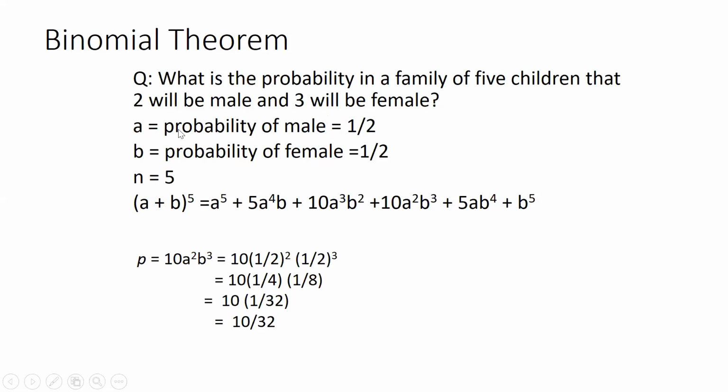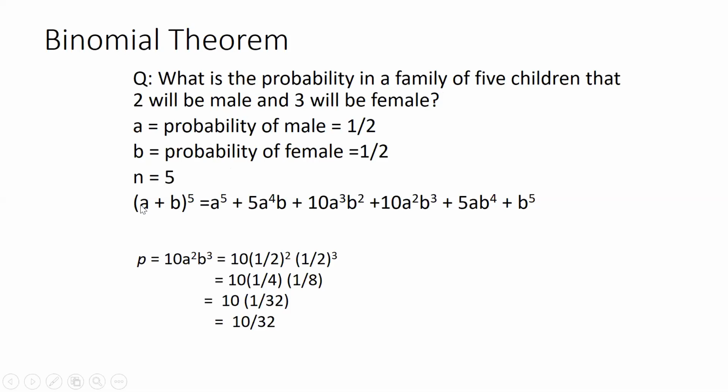A equals the probability of male, which is a half. B equals the probability of female, which is also a half. And then you have 5 trials, or 5 children in this case. So what are we looking for? We're looking for the probability that in the 5 children, 2 will be male and 3 will be female.